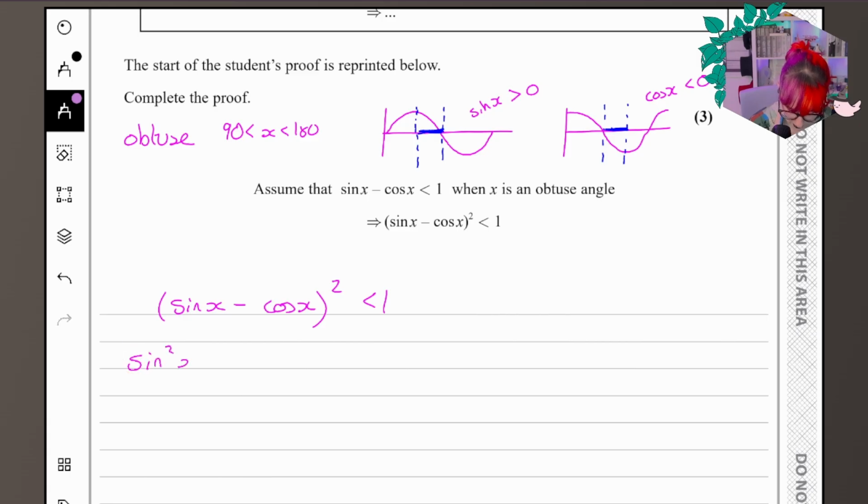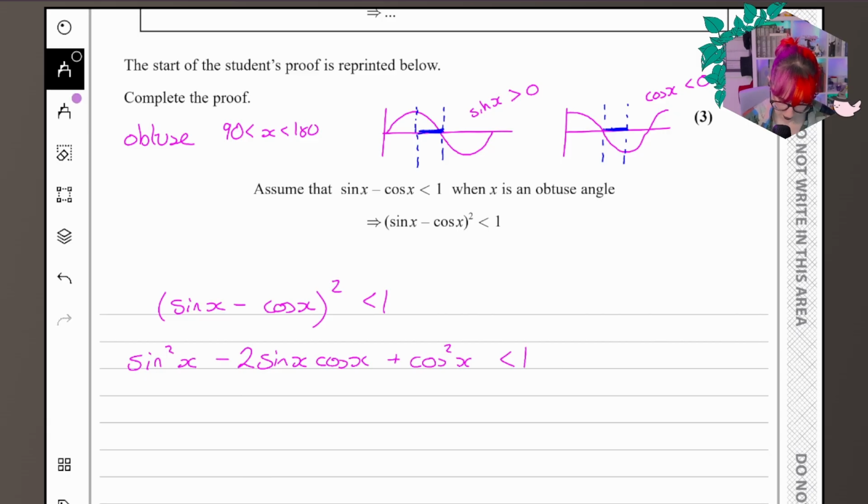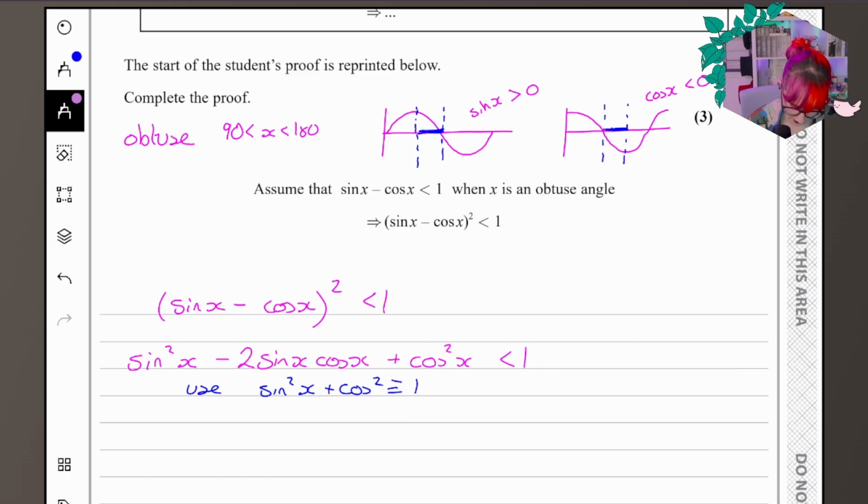So I've got sin squared x minus 2 sin x cos x plus cos squared x is less than 1. I'm going to use sin squared x plus cos squared x is always equal to 1. That's an identity. So I get minus 2 sin x cos x plus 1 is less than 1.